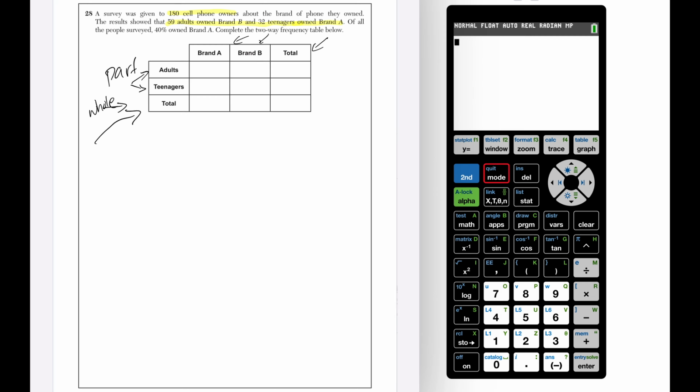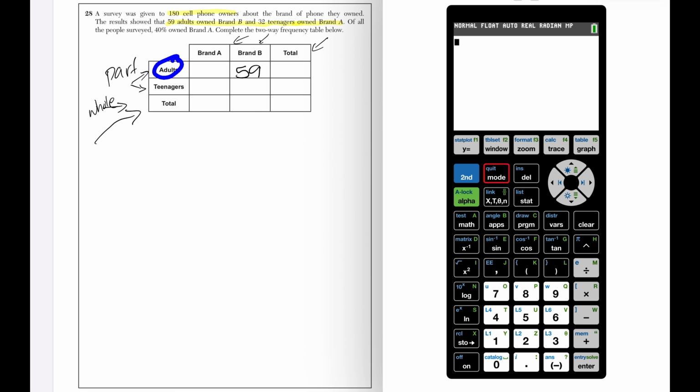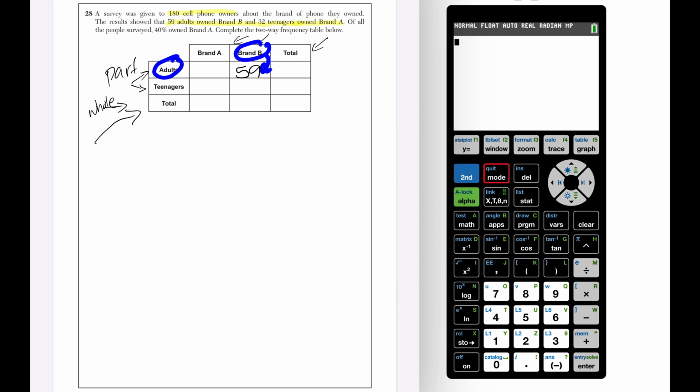Those 59 adults owned B. So I'm gonna put it here because they're adults who own B. And they're telling us that 32 teenagers owned A. So again, teenagers, brand A. Of all the people surveyed, 40% owned brand A.